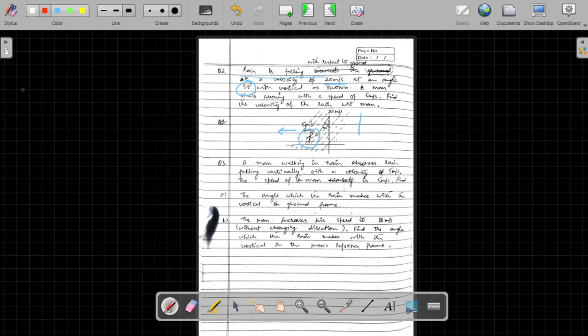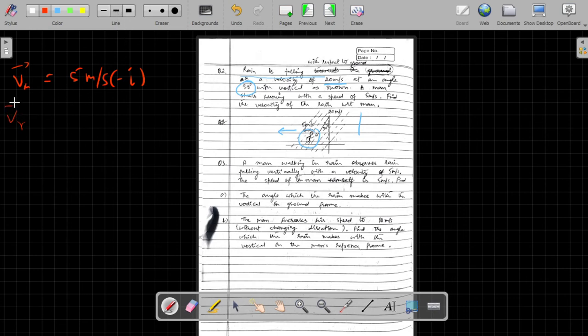So let's see the velocities of man. We can write in one step. The velocity of man is 5 meter per second in minus i cap direction. It's moving in minus i cap direction.